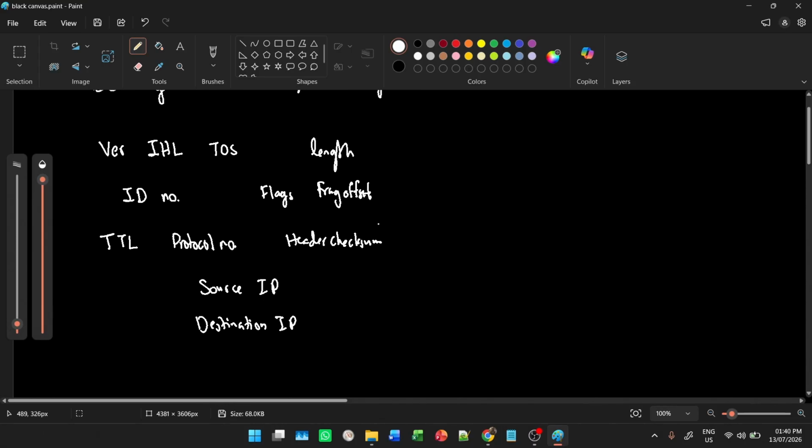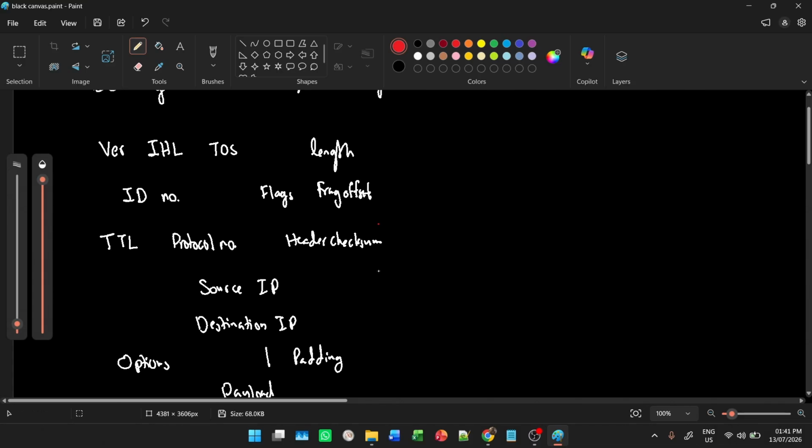Below that, there's options, then padding, and finally we have our payload. They're going to allow a reference sheet, so I probably will be taking this in the reference sheet, but I'm trying to memorize this because it saves space on my reference sheet. So I hope you work accordingly.